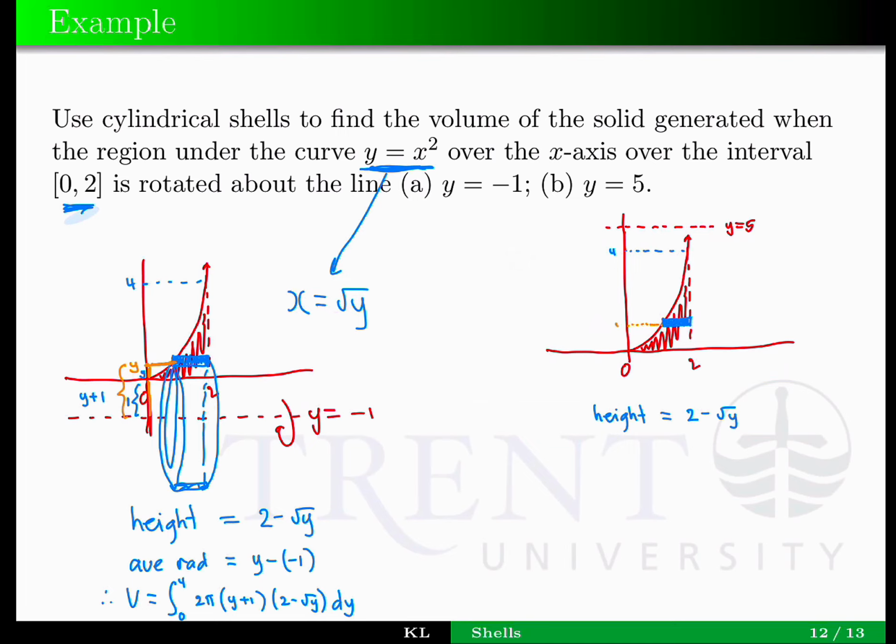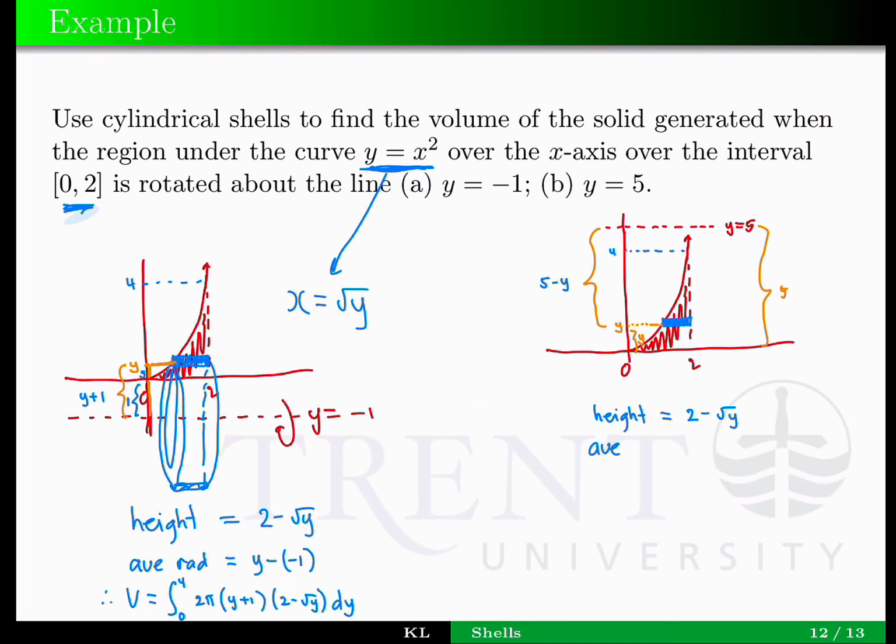The average radius, you will choose this as your y, but the average radius is from the axis of revolution, which is up here, going to that y here. So from this up to this is 5 units. From this up to this is y units. So this part here will be 5 minus y.